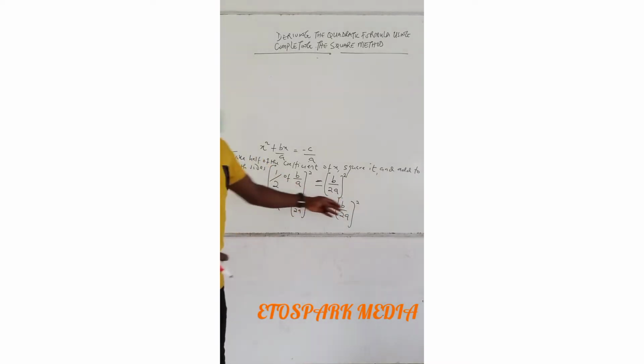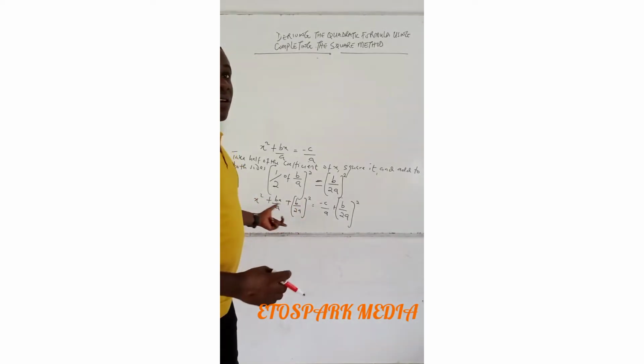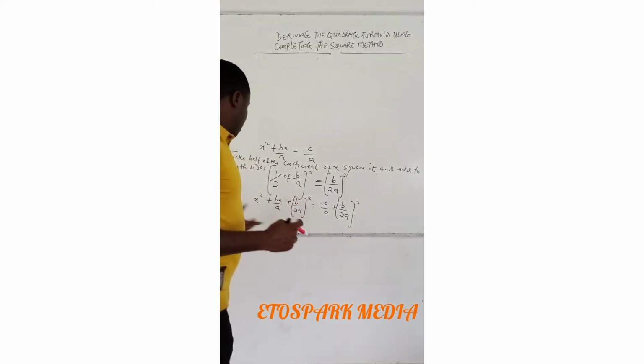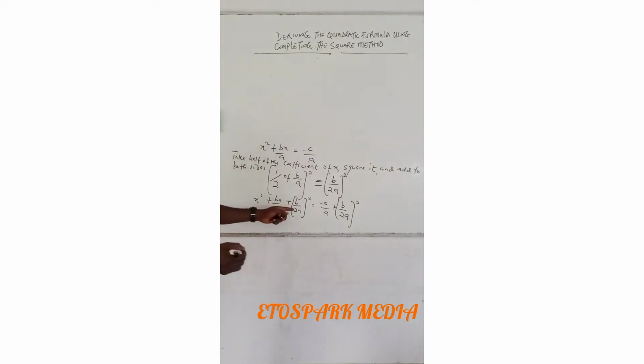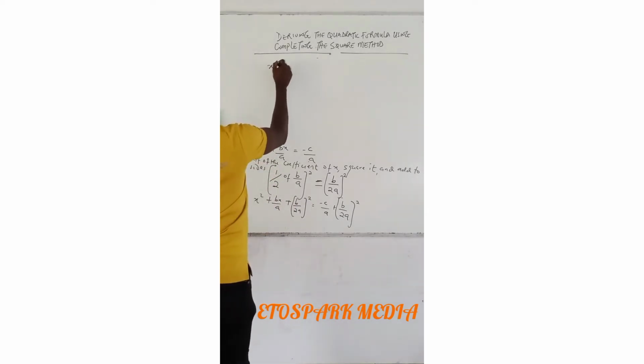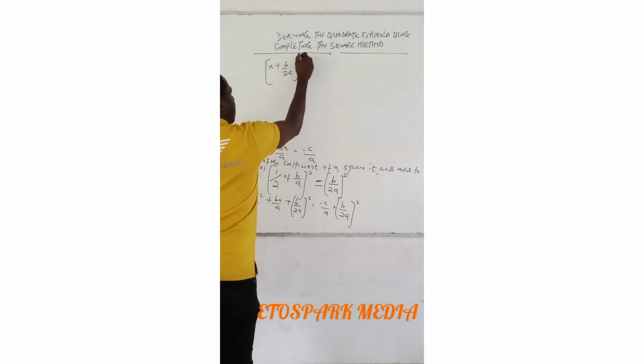For us to proceed, we need to resolve this. We are using the completing the square method to achieve this. On the left-hand side of the equation, we are going to consider the terms that are squared alone. Here, x squared is squared, and b over 2a is also squared. So we take the terms x plus b over 2a, then you square everything.